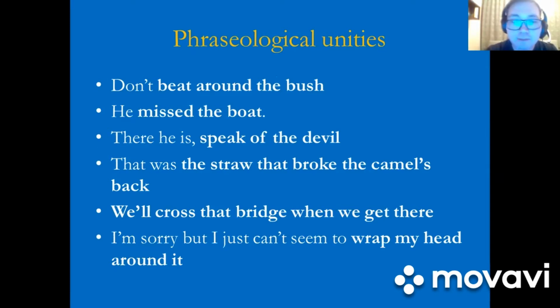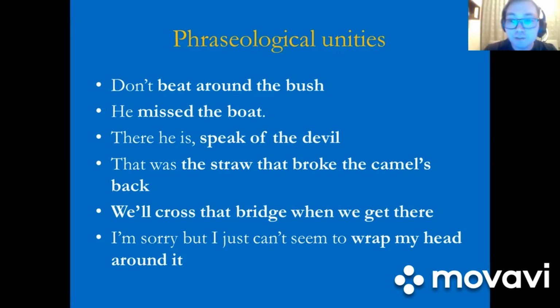So here are some examples. Let's look at them. Don't beat around the bush. He missed the boat. There he is, speak of the devil. That was the straw that broke the camel's back. We'll cross that bridge when we get there. And the last one, I'm sorry, but I just can't seem to wrap my head around it.